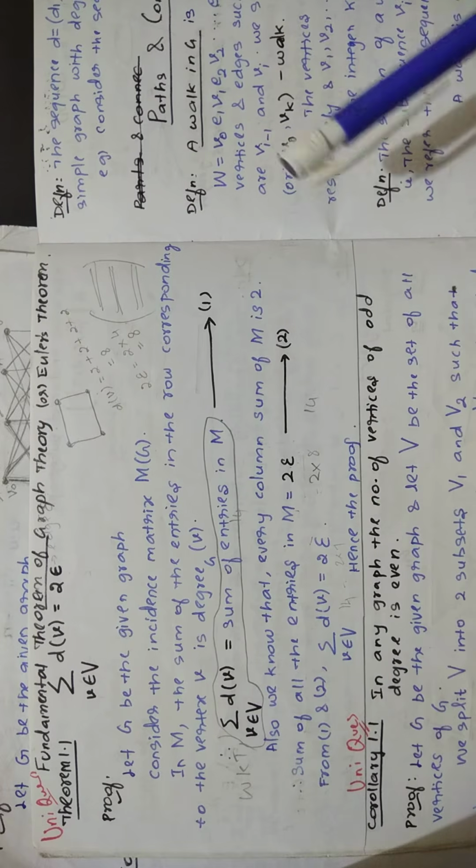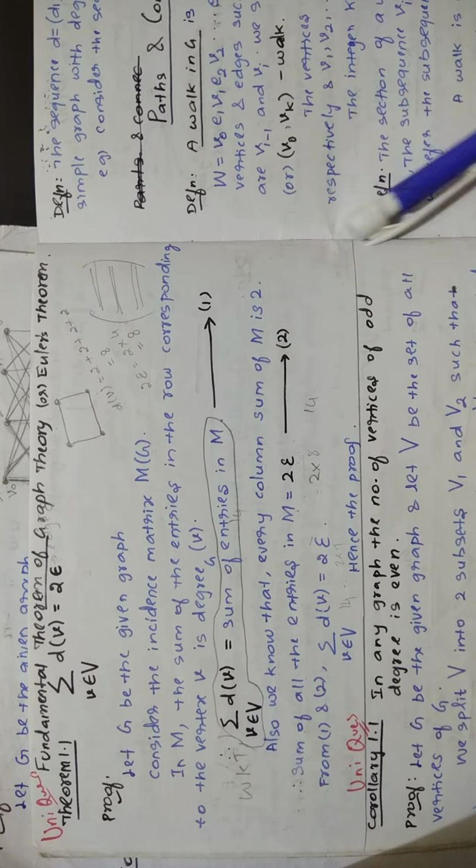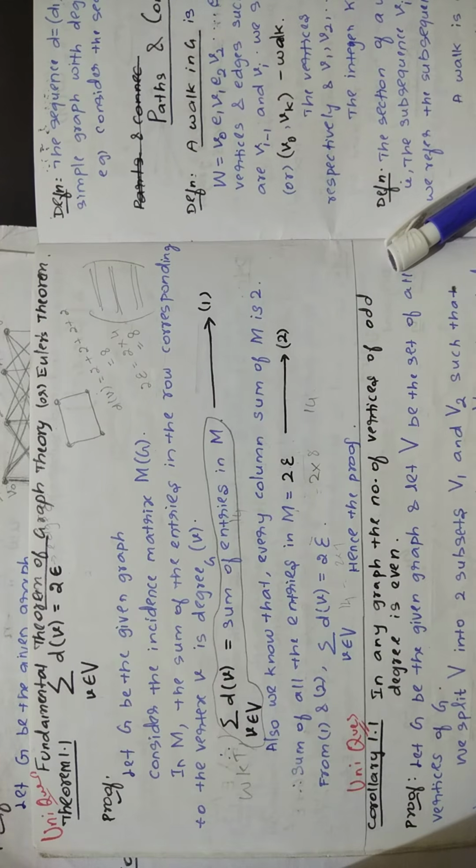Here nothing is difficult. First you will take a graph, and then you will take the incidence matrix, and using that incidence matrix, ignore the background noise. So after considering the incidence matrix, what are you writing?